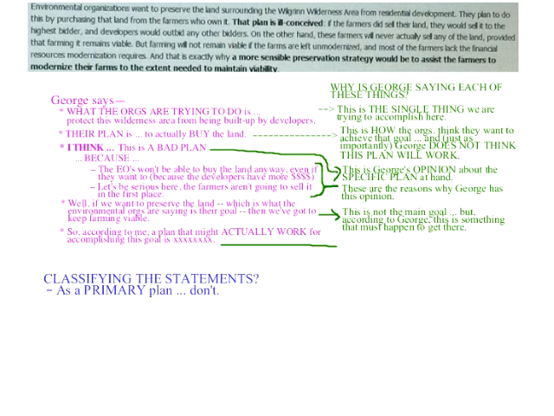So this is the only way that George thinks we are going to accomplish the goal. Or at least the only way he mentioned. This is how George thinks we can accomplish the goal.